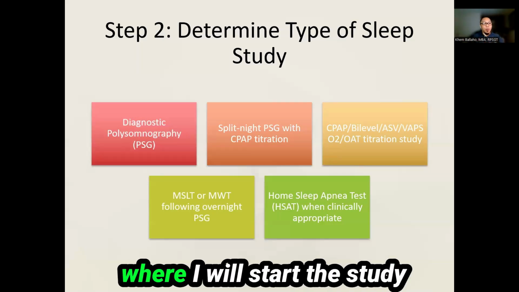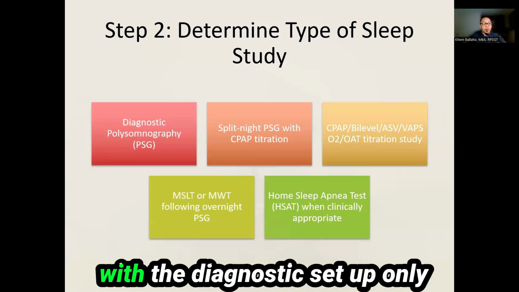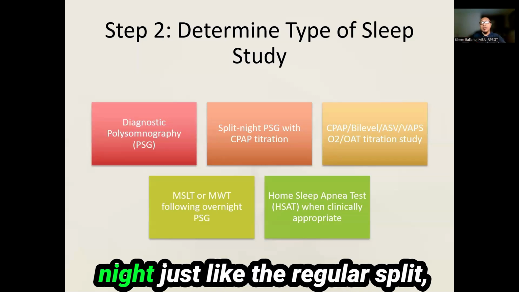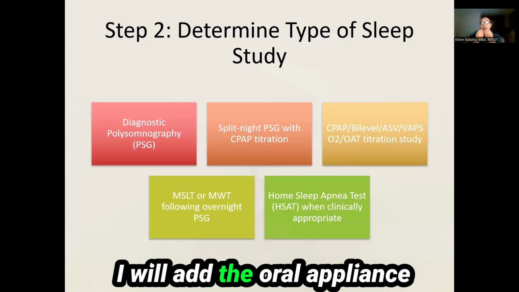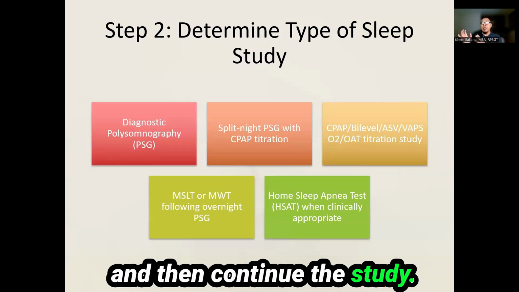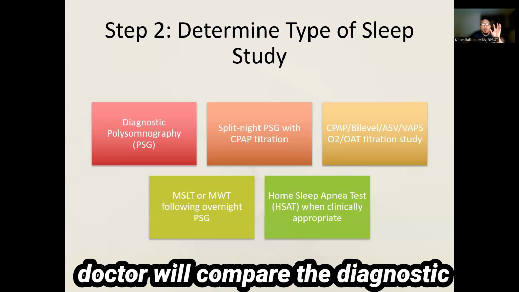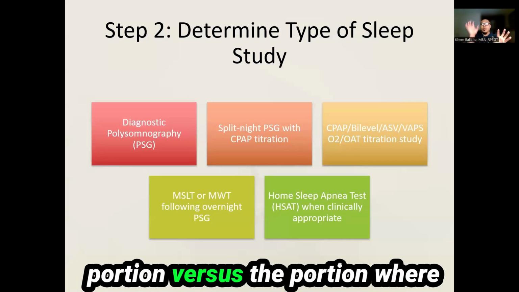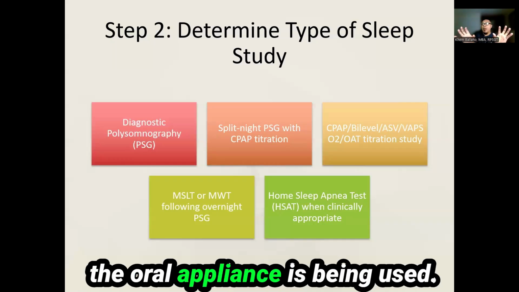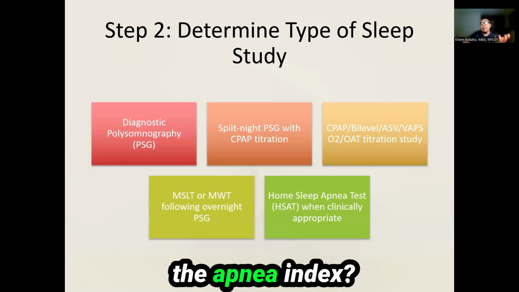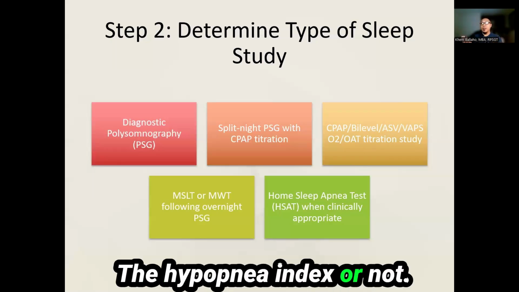Sometimes I get an order where I will start the study with a diagnostic setup only, and then halfway through the night, just like the regular split, I will add the oral appliance and then continue the study. That way, the reading doctor will compare the diagnostic portion versus the portion where the oral appliance is being used. Did it improve the apnea index, the hypopnea index, or not?